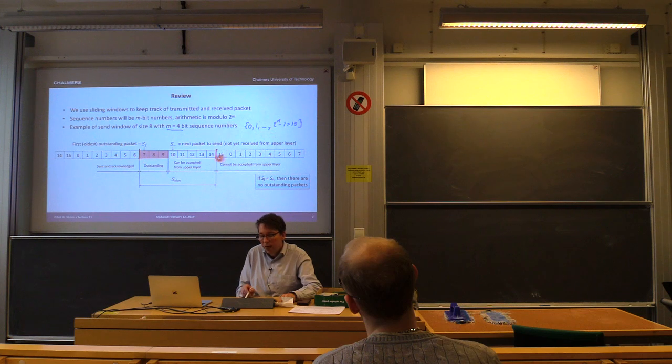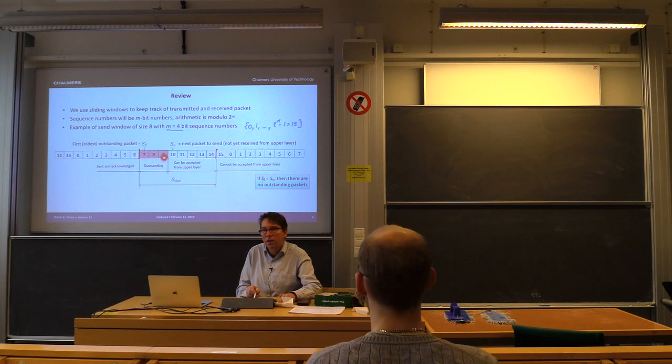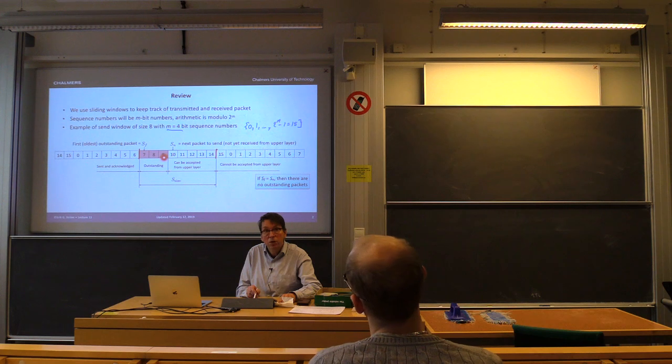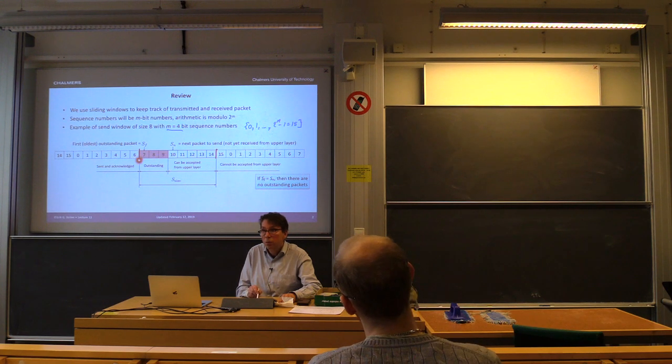Then we have a bunch of packets that we care about at the moment. Some packets, 7, 8, and 9 here, are packets that we have transmitted but have not yet received acknowledgements for. So these are packets which are transmitted but not yet delivered, at least we don't know that at the transmitter side. We aren't sure about the status of these.